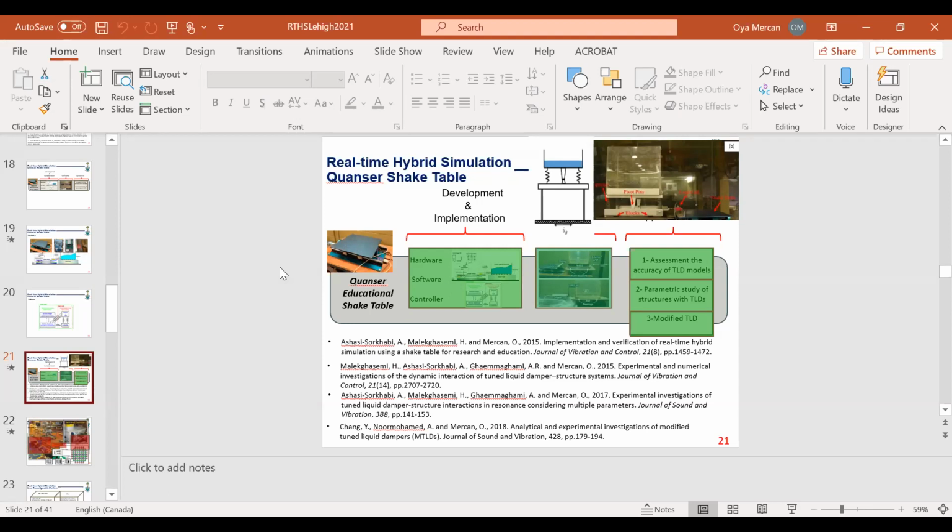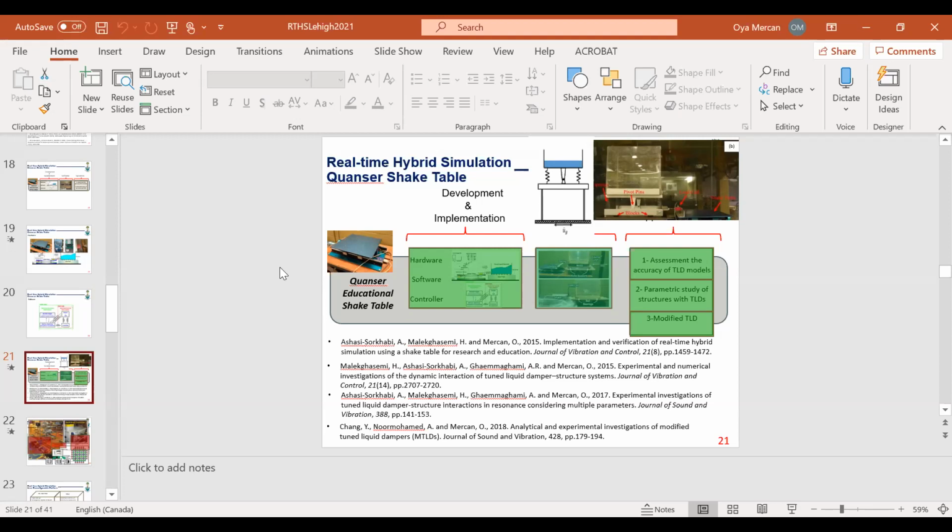It is different in the sense that in our platform we are responsible for every single aspect of the real-time hybrid simulation. But you can have other platforms with different ways of combining the analytical substructure with the experimental substructure, and they have done quite sophisticated nonlinear real-time hybrid simulations.